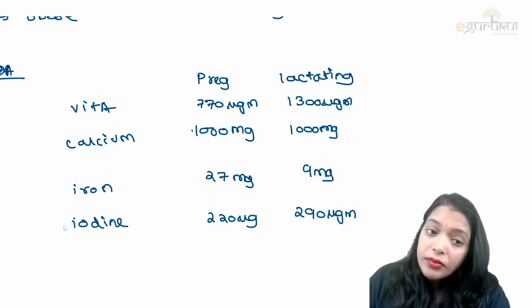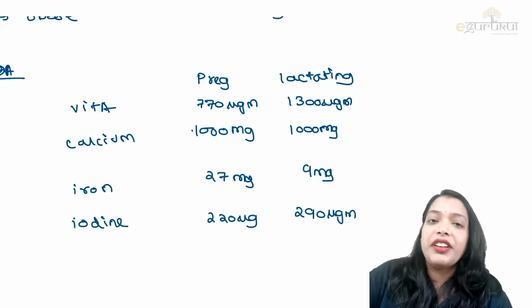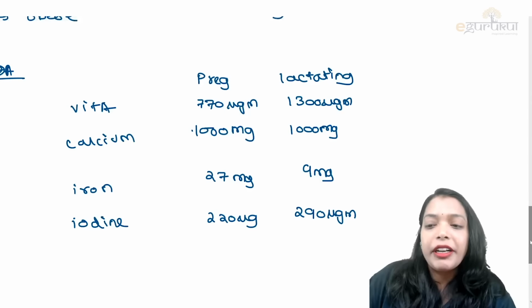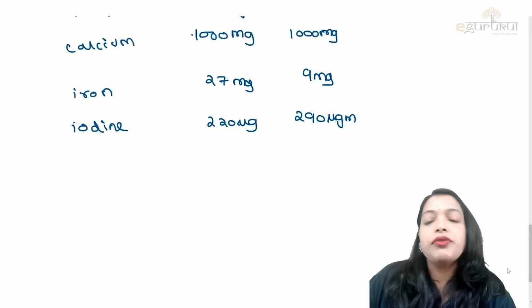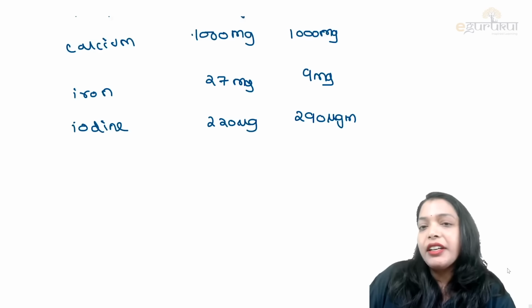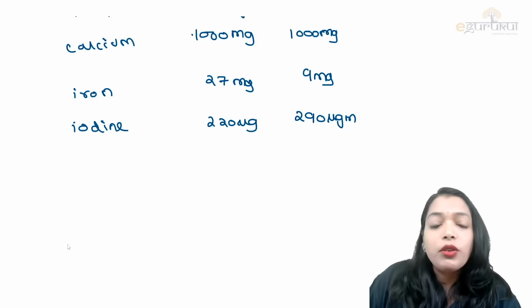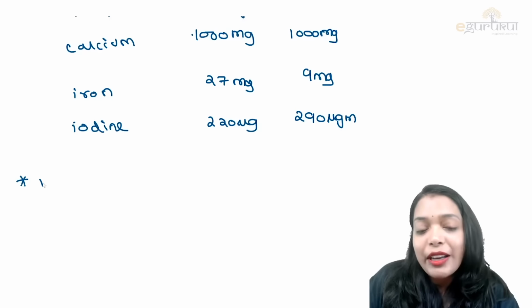Okay. And a special emphasis is given on vitamin D supplementation. In our notes we always write about calcium, iron and folic acid. So please add vitamin D also now.